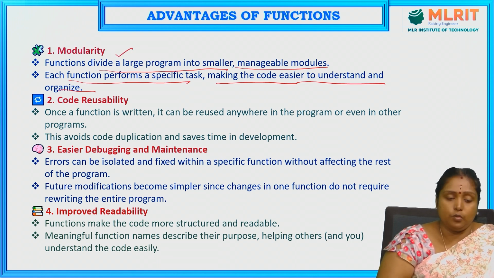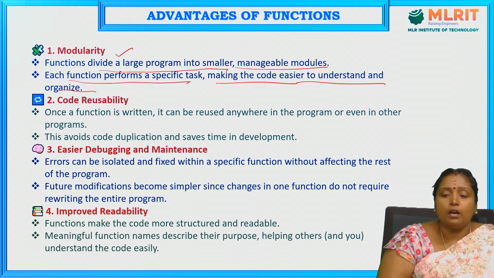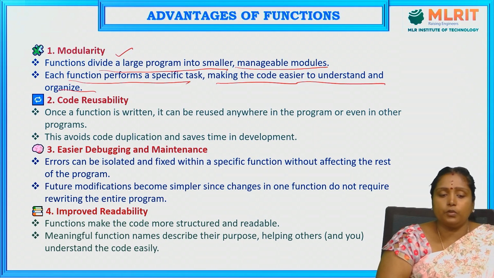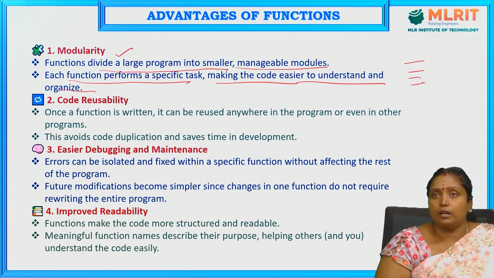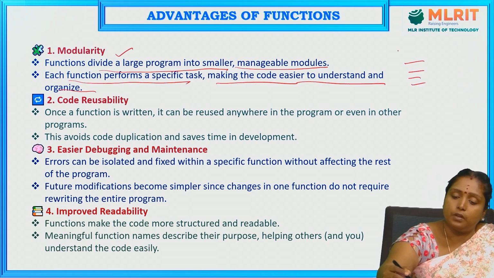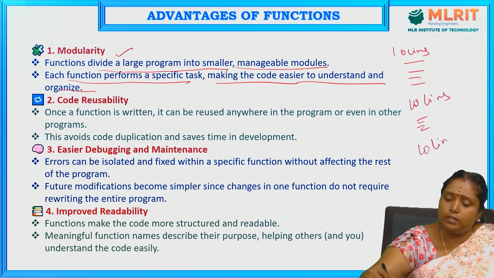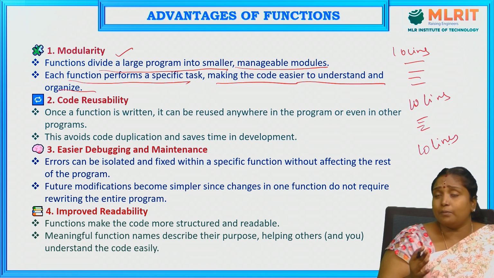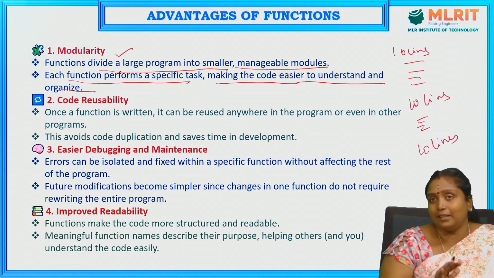The second one is reusability. Suppose I write 10 lines of code here, and after a few lines I have to write the same code again, and again later, so the same code is needed many times in a single program.